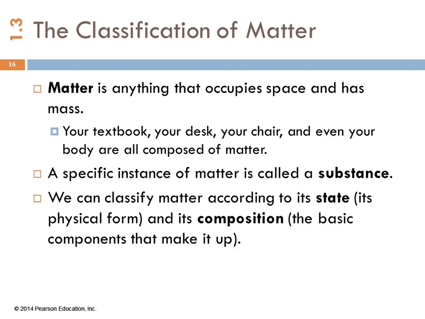How about ideas? Do ideas have mass? No. How about emotions? No. So there are things that are not matter, but anything that has space and mass is matter. We use the word substance to describe a specific kind of matter, a specific instance of matter.